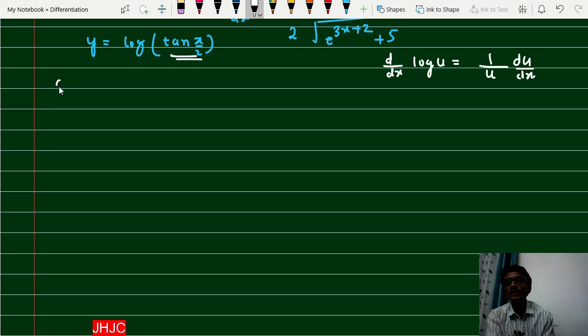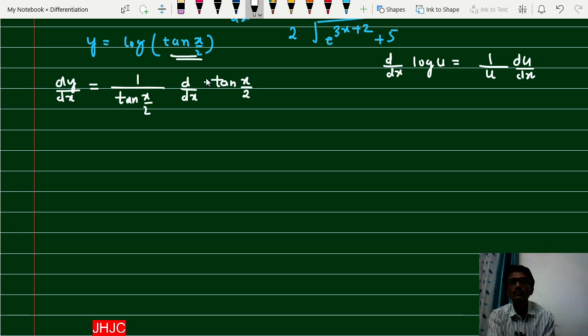So dy by dx is equal to 1 upon u, meaning 1 upon tan of x by 2, into derivative of tan of x by 2. Again there is a composite function.